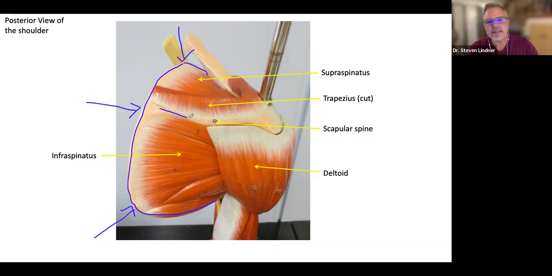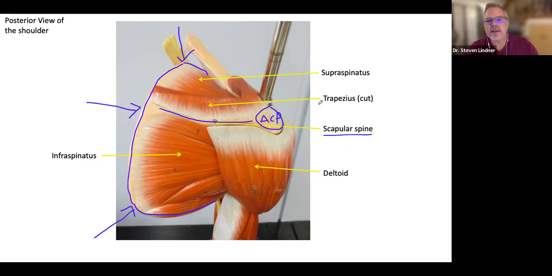Here is the spine of the scapula, or scapula spine. And then right here is the acromion process, right? So I'll put acromion process, ACP.